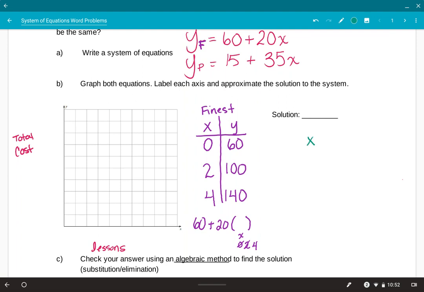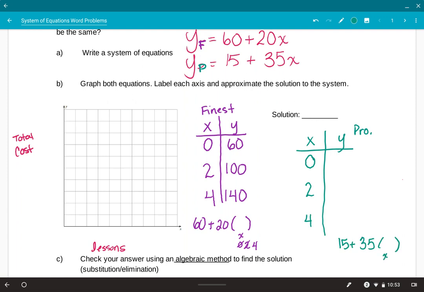Okay, and then we're going to do our professional. So we're going to go X and Y, and it's going to be our professional. Just going to put pro there. And I'm going to pick the same numbers just to make it easier to graph. And when we plug it in, we're going to go 15 plus 35 times whatever our x is.